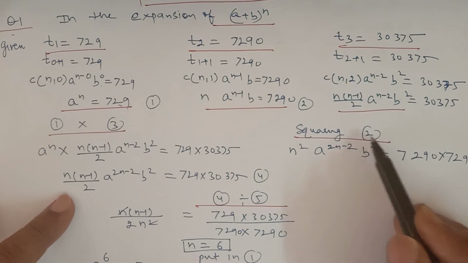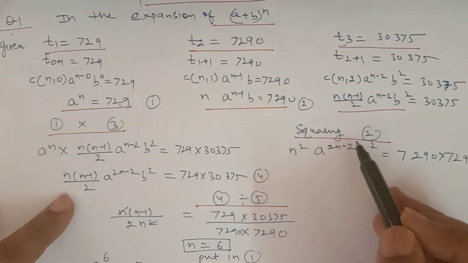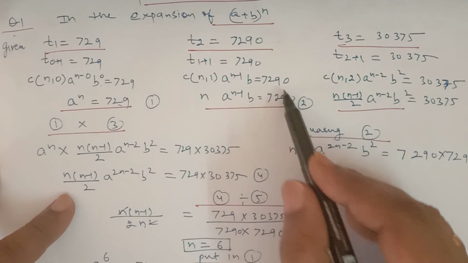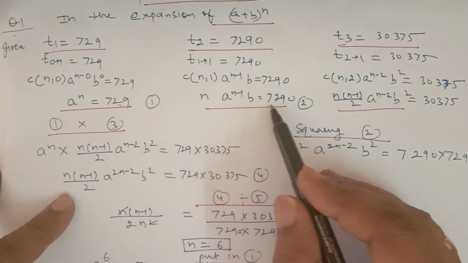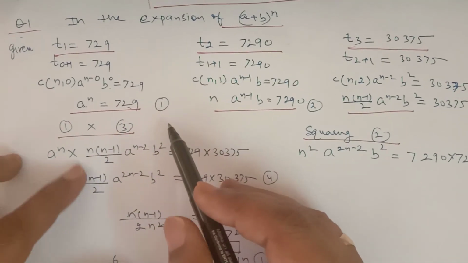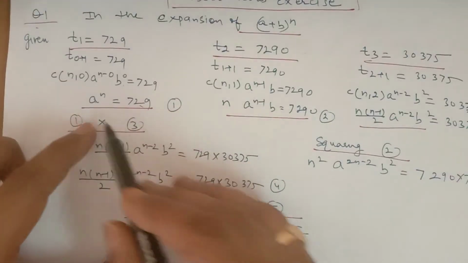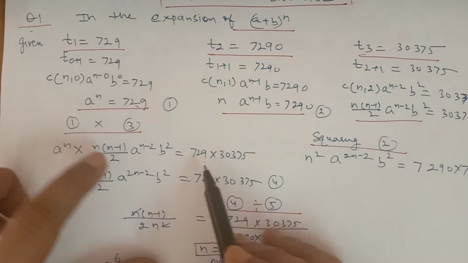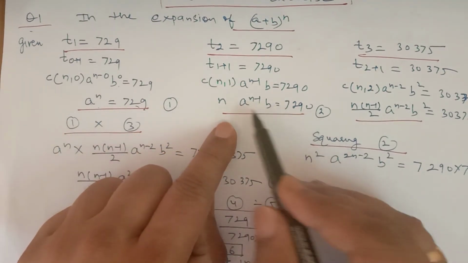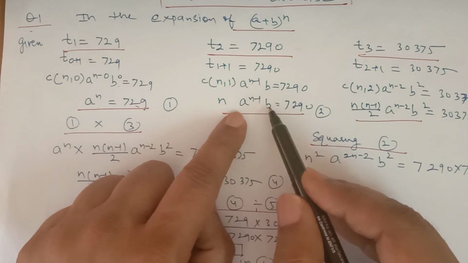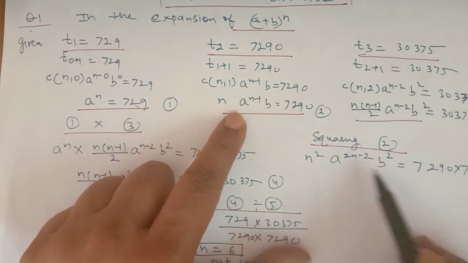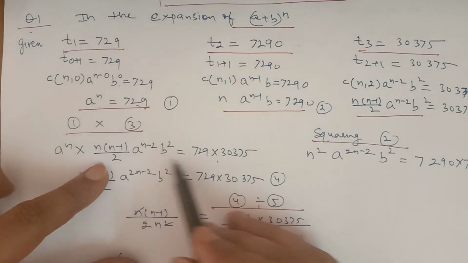Now squaring the second, that is n square a to the power 2n minus 1 b to the power 2 is equal to 7290.